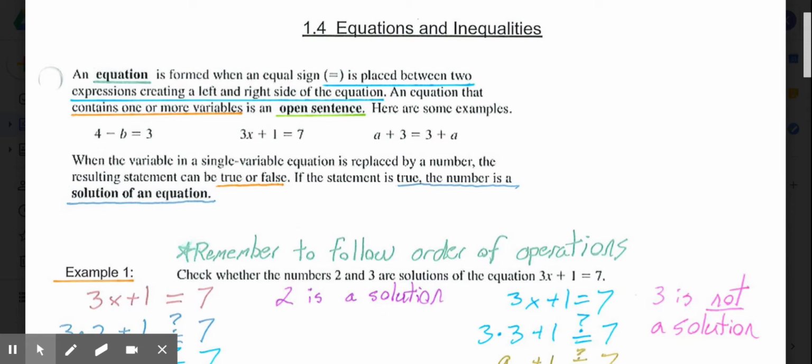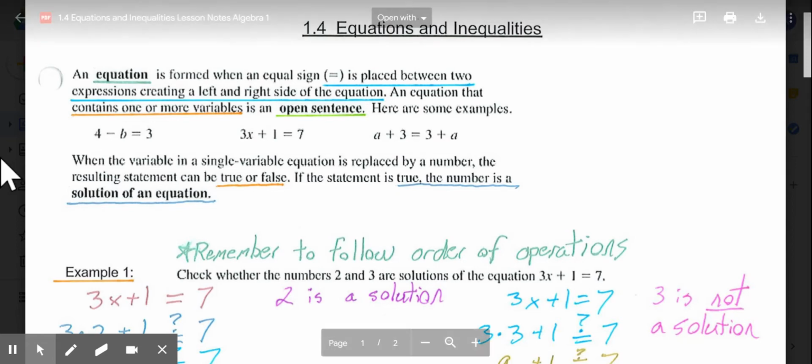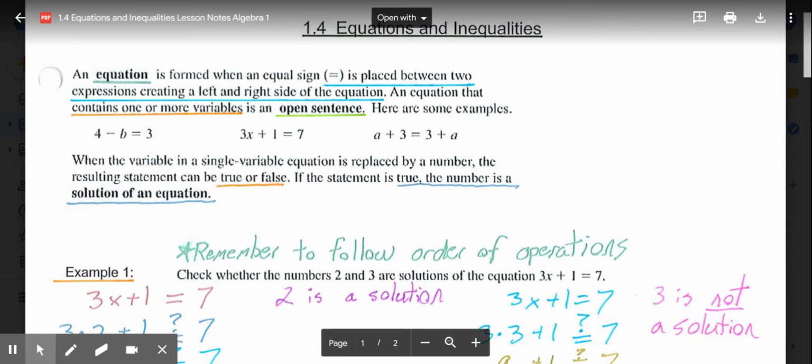So when we plug in or substitute a variable and replace it with a number, then we can tell if a statement or equation is true or false. Meaning if both sides are equal, then it would be true. If the two sides are not equal, then it would be false. So if it's true, then we can call that a solution of an equation.